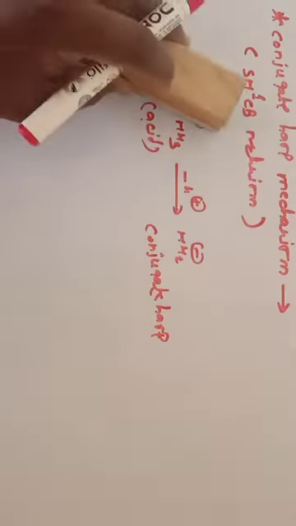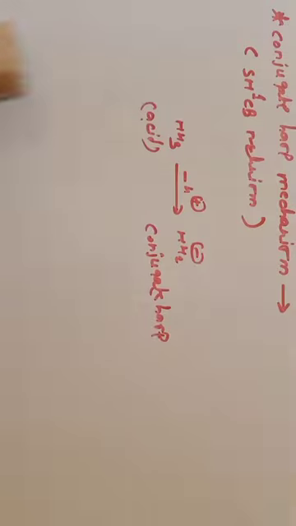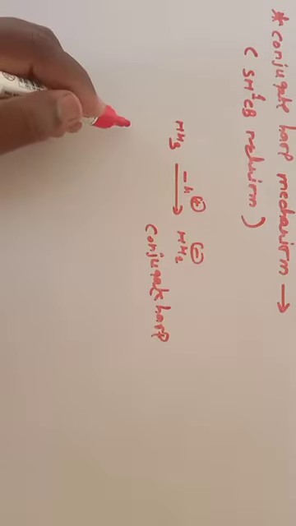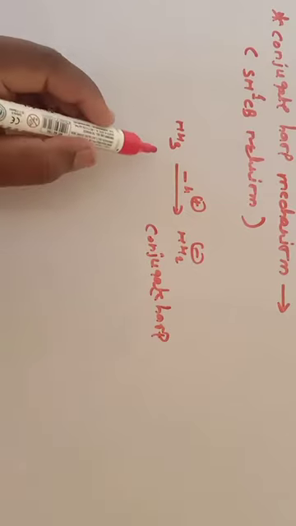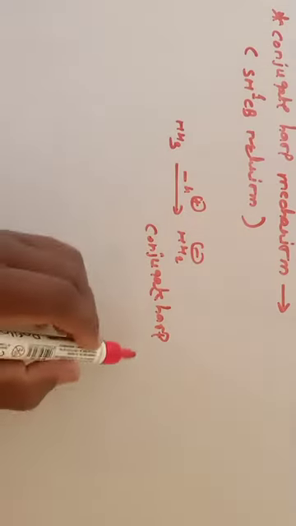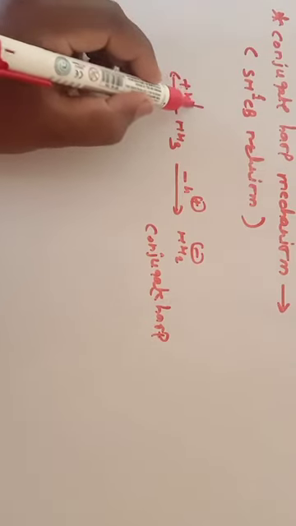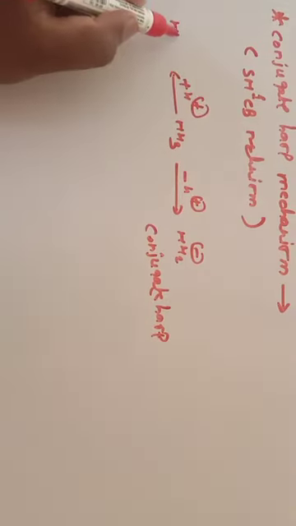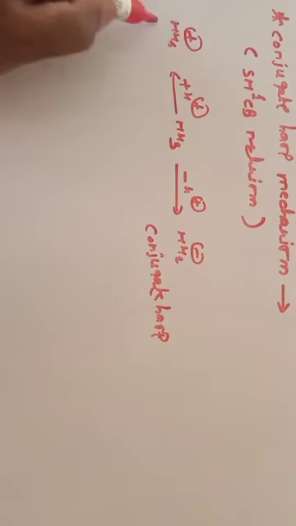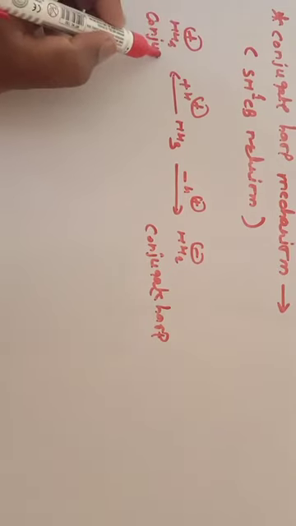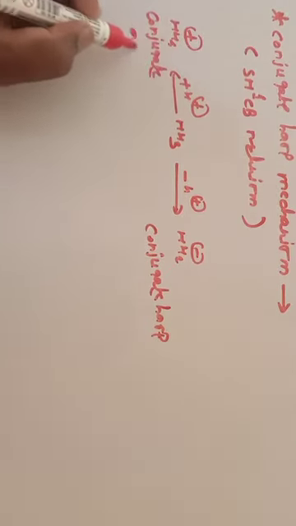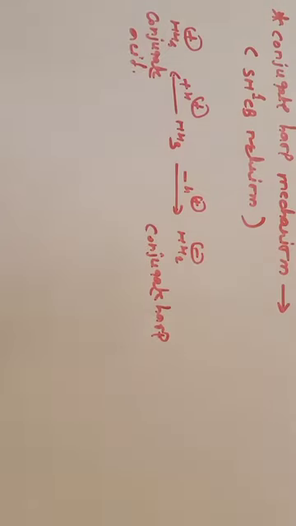If you consider this ammonia as a ligand, when it loses H plus ion, it forms conjugate base, and when it takes H plus ion, it forms conjugate acid. So this is your conjugate base mechanism.